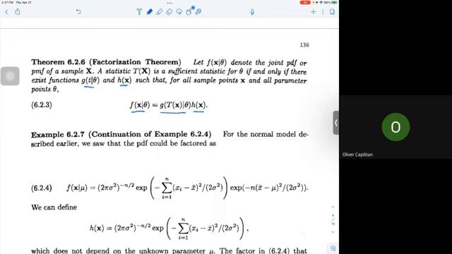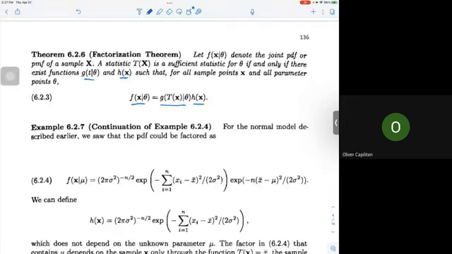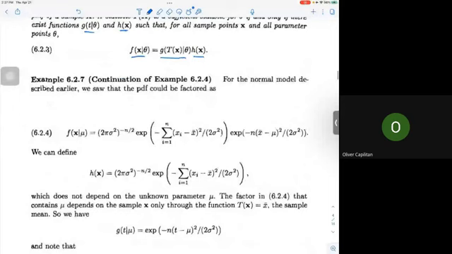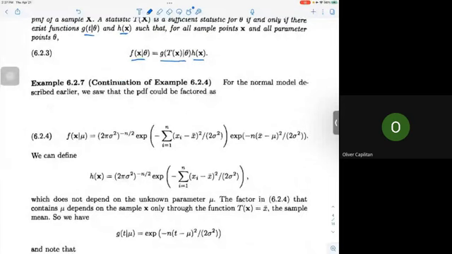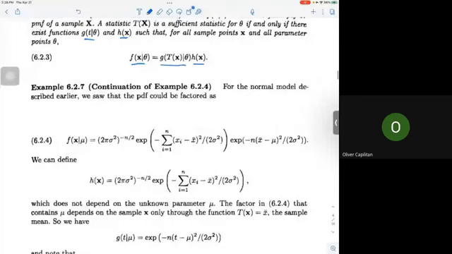Okay, let's have example 6.2.7, a continuation of example 6.2.4. In example 6.2.4, we have seen that the sample mean is a sufficient statistic for our sample. We have this as our joint PDF.